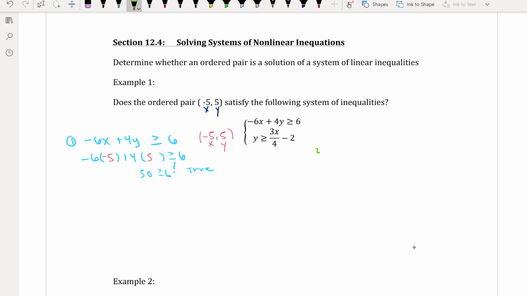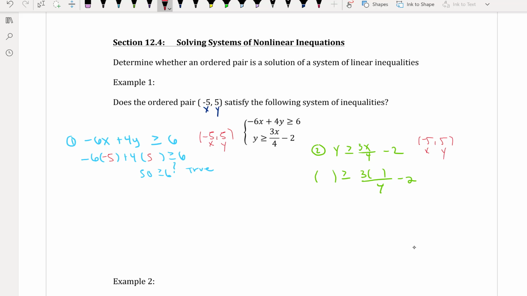Now, let's try it in my second inequality. I have y greater than or equal to 3x over 4 minus 2. So I have y greater than or equal to 3 over 4 minus 2, and again, I am using that (-5, 5) for my x and my y value.